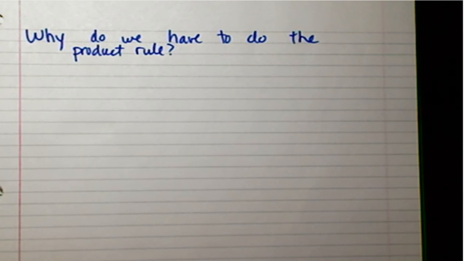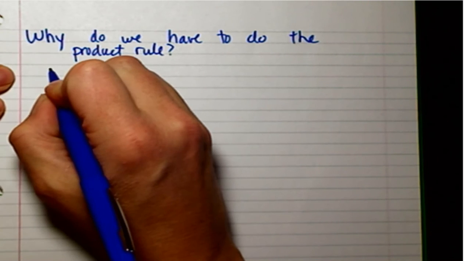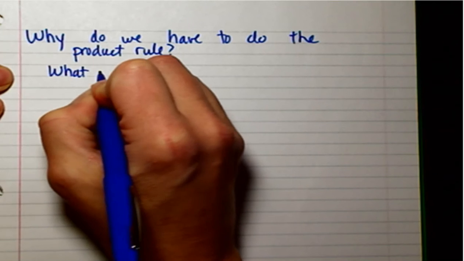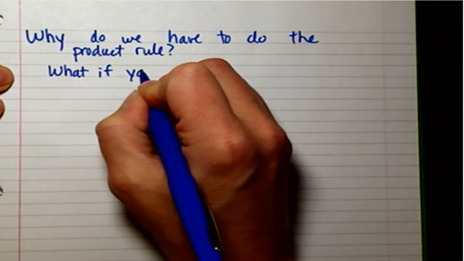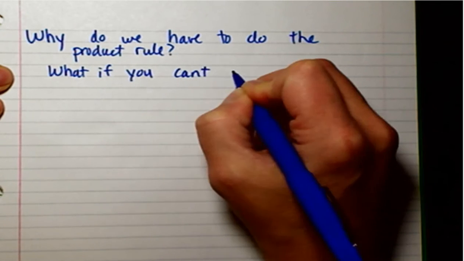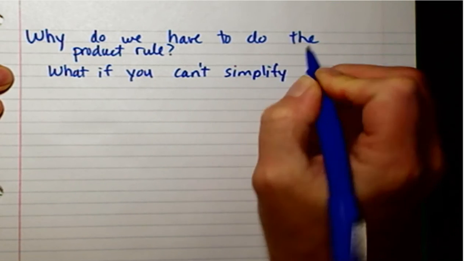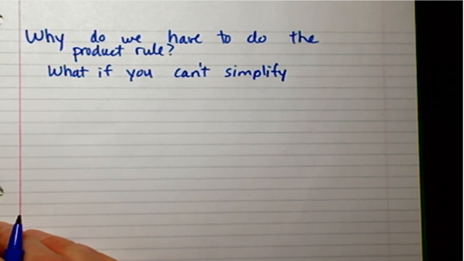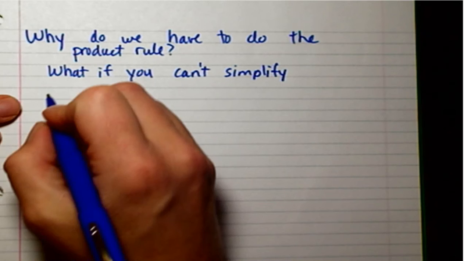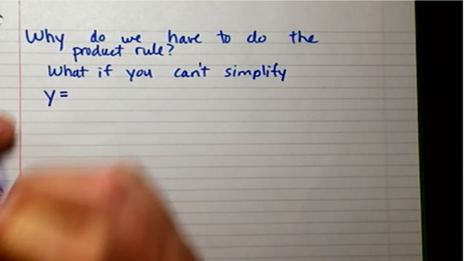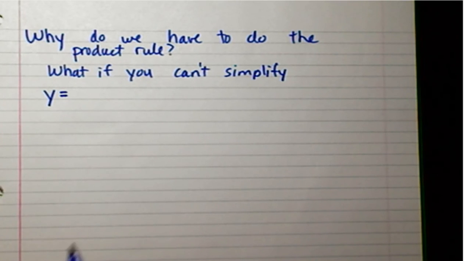It seemed like that first column was pretty much the simpler route. What if you can't simplify? What if foiling is not an option? What does it look like if foiling is not an option?